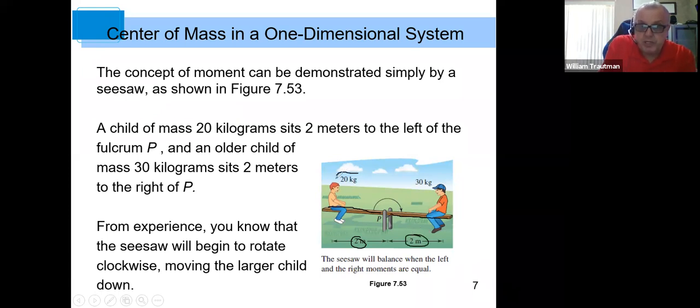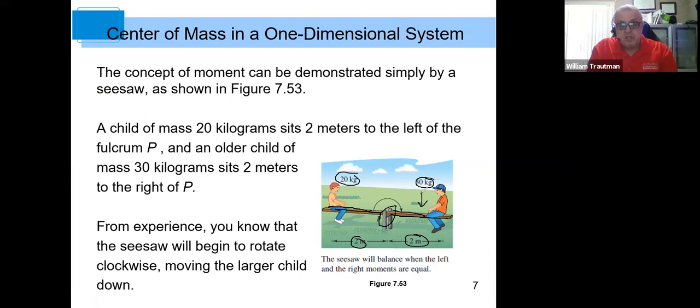If this boy weighs 20 kilograms and this boy weighs 30 kilograms, since they're both the same distance away from the center, the balancing point, the fulcrum, obviously the teeter-totter is going to go down, and they show that it rotates clockwise. The right side is going to be going down because the guy's heavier.